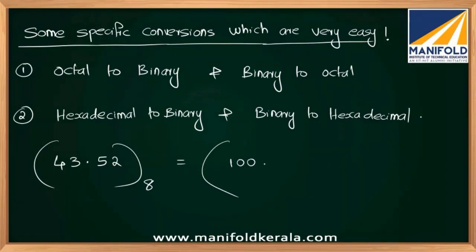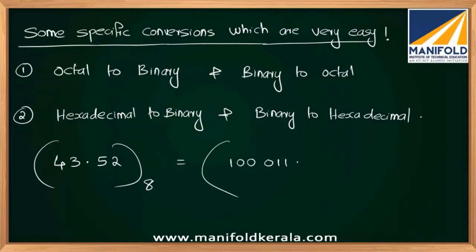Replace it with 100. Now can you tell me what is the equivalent binary string of 3? It is 0, 1, 1. So put it here, 0, 1, 1, right?